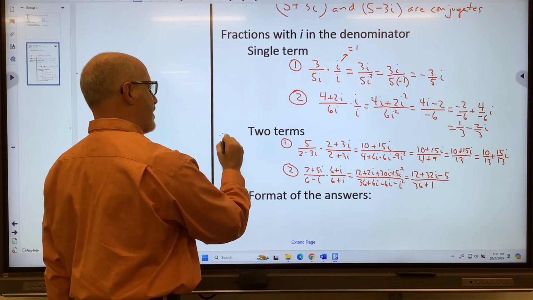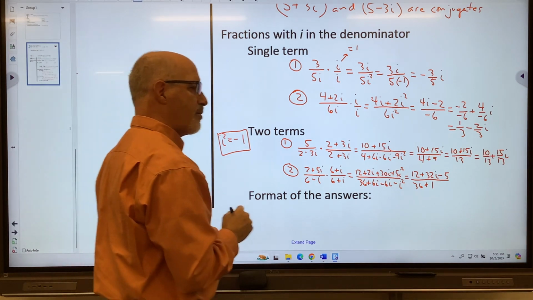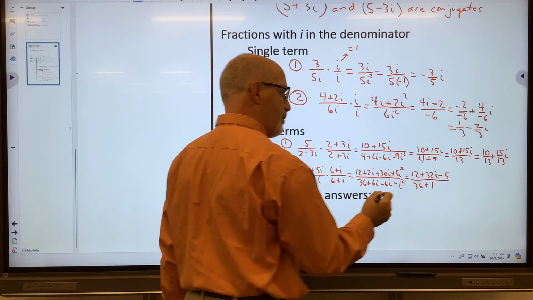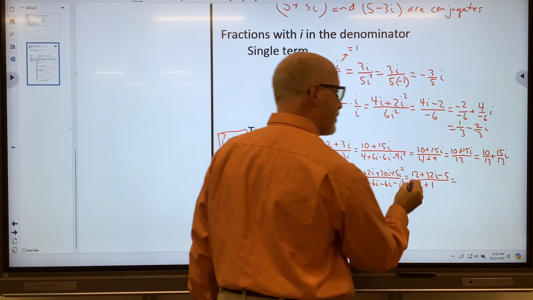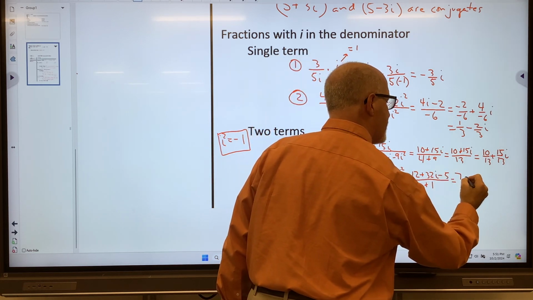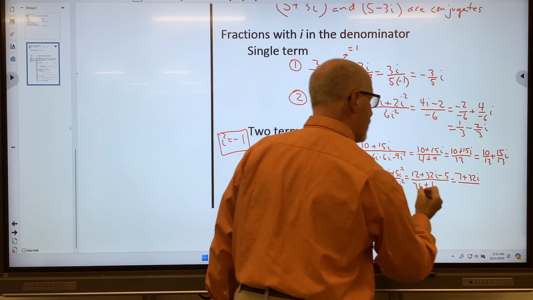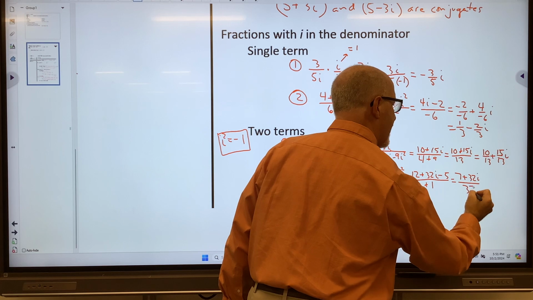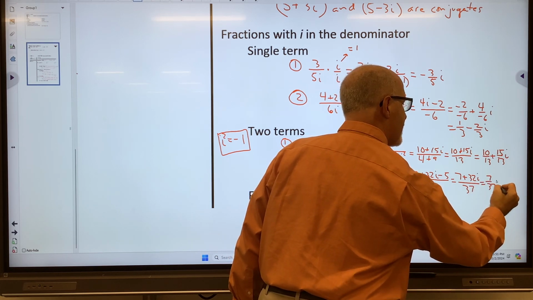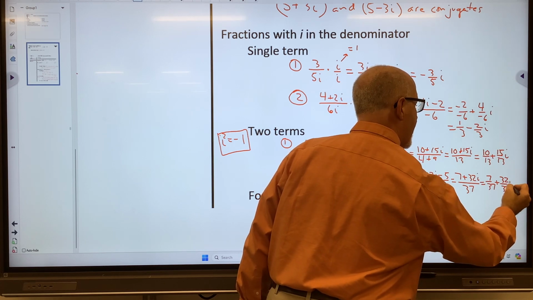Just going to write that over here again. We keep using this fact, and it's something we can't overemphasize, that I squared is equal to -1, because we keep using it. So this is equal to 12 minus 5 is 7, plus 32I, all over 37, and then we separate it. 7 over 37 plus 32 over 37I.